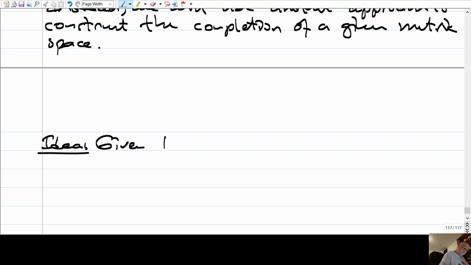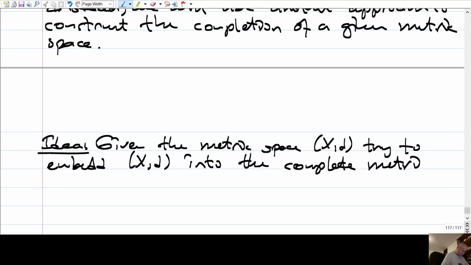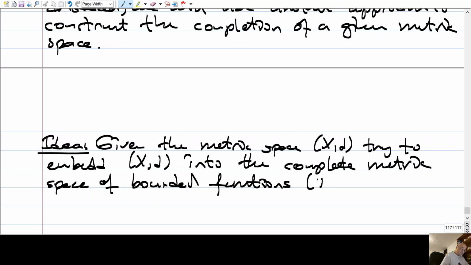Given the metric space (X, d), try to embed X into the complete metric space of bounded functions, so bounded functions with the supremum metric.